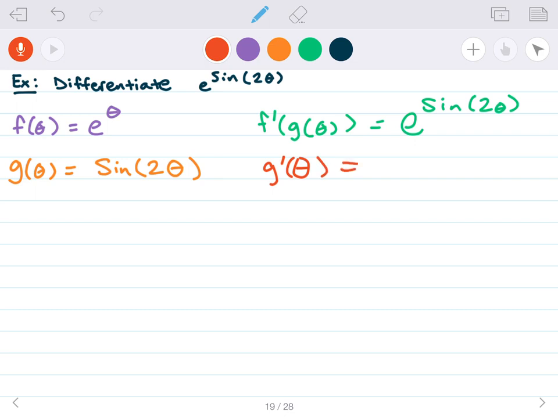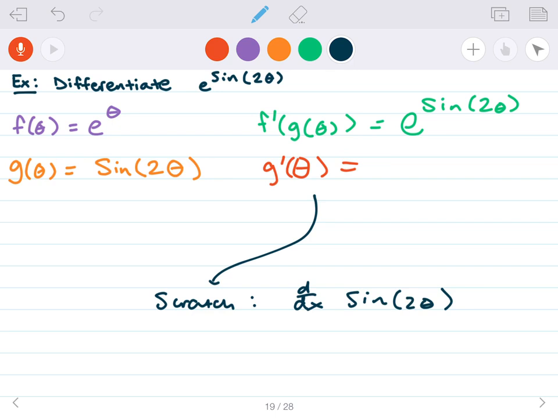Well, I need to do the chain rule here, so I'll do some scratch work. So I want to take the derivative ultimately of sine of 2 theta to plug that in for g prime. And so f of theta, my outside function is just sine, and my inside function is just 2 theta.